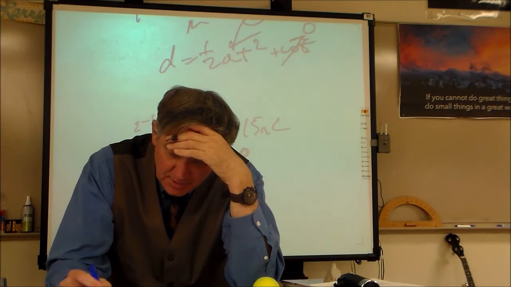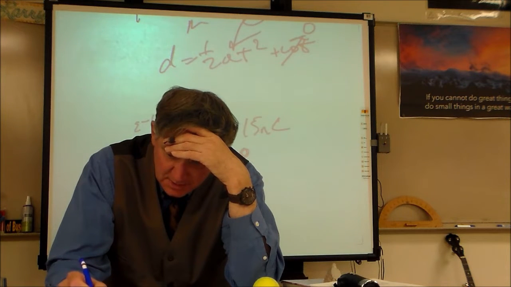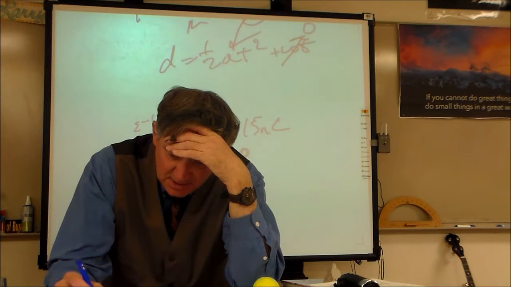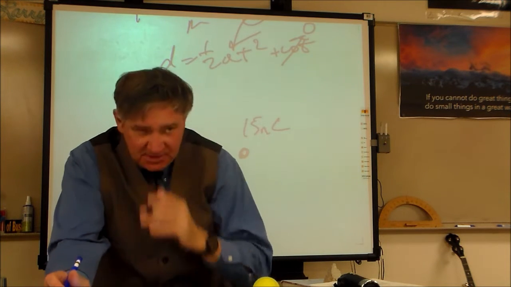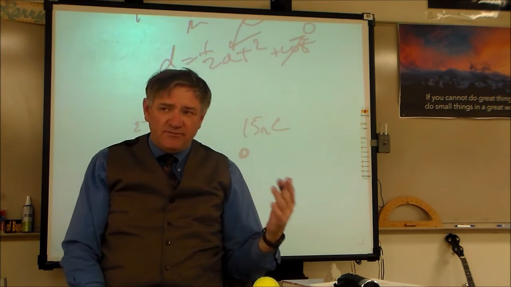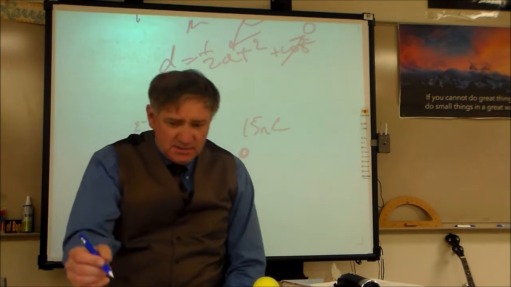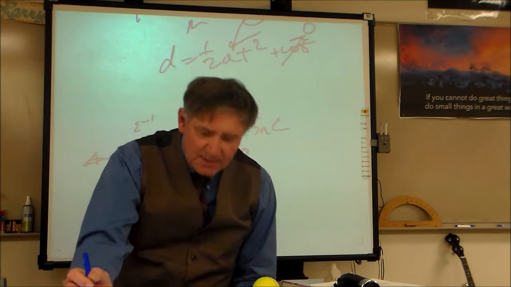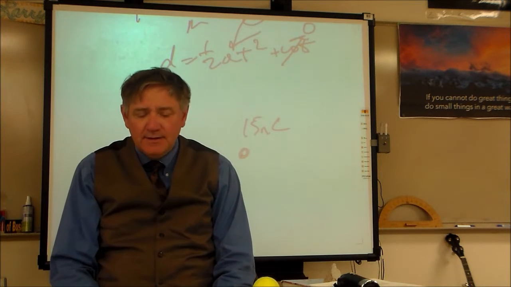So you know it's going to be pulled in this direction. That Coulombic force is going to pull it in this direction. The only way you can balance that out is if the force from the electric field pushes it back in this direction, okay?